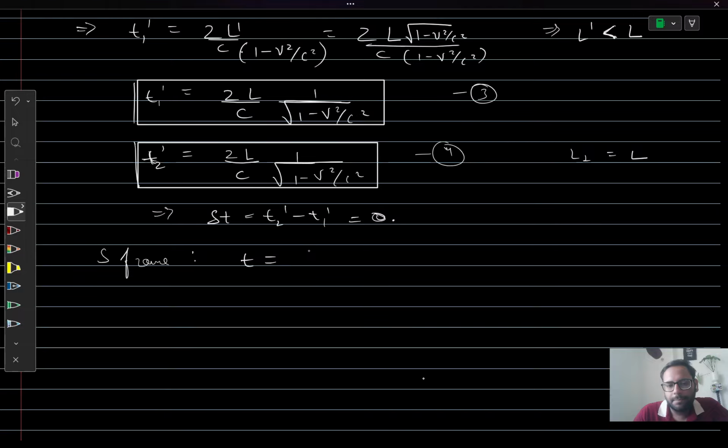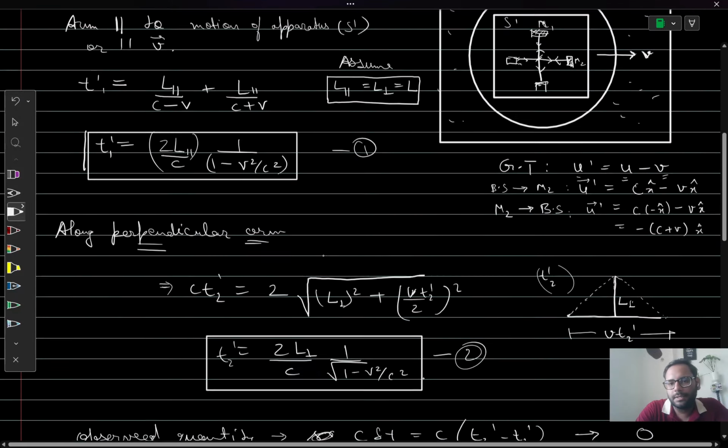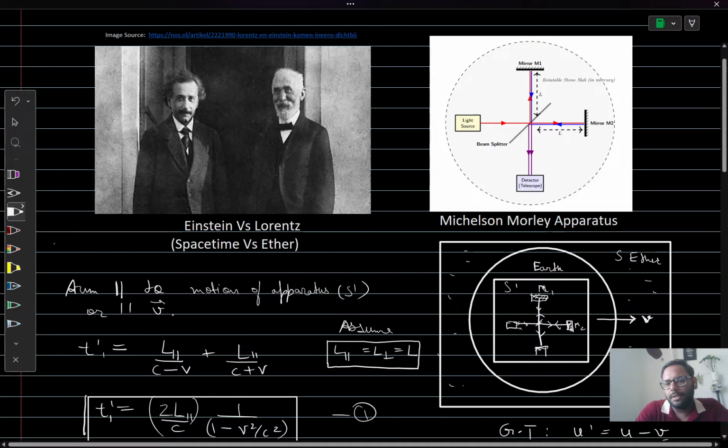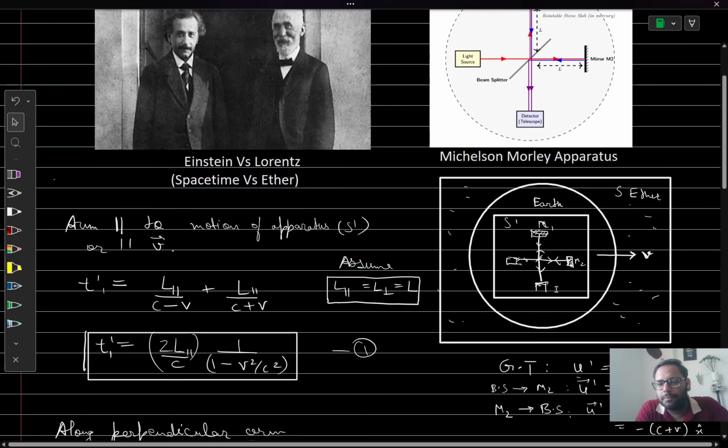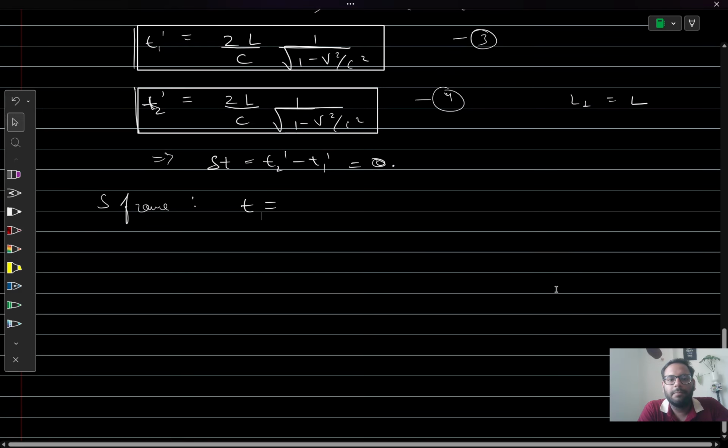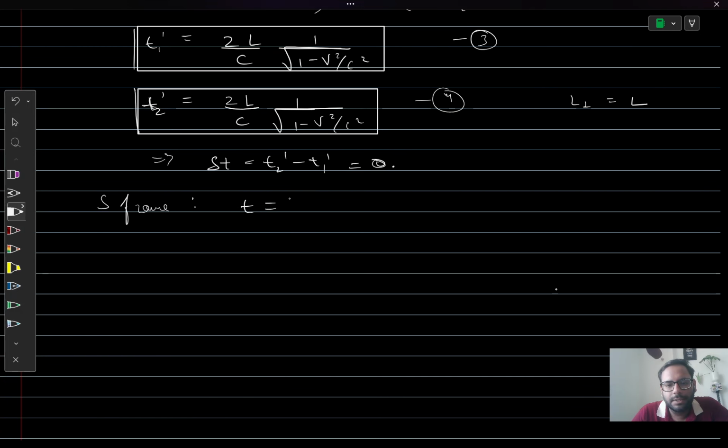So the T in the S frame, you can guess it from here. In the S frame, the speed of light is constant. So what will be the time taken by the light? It will be simply 2L by C. You can check it.